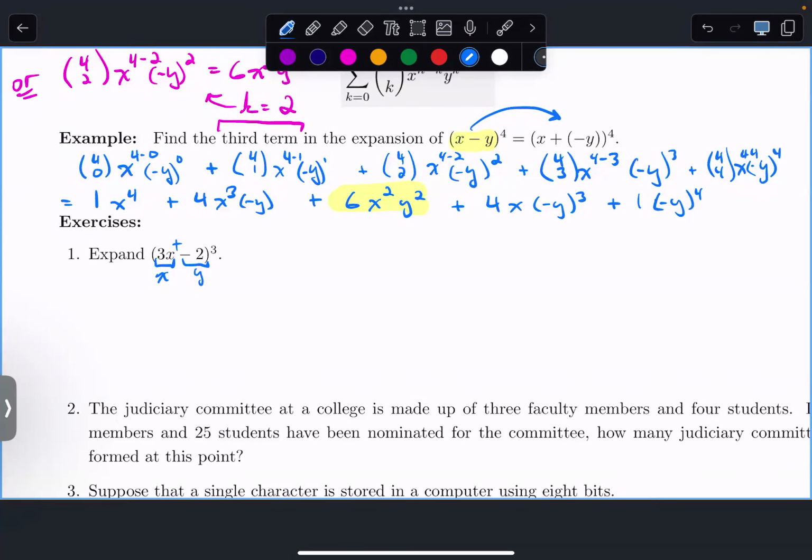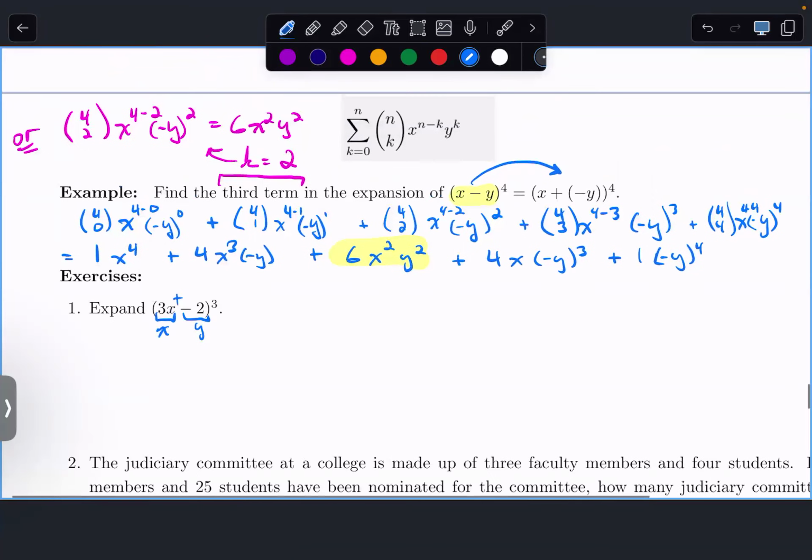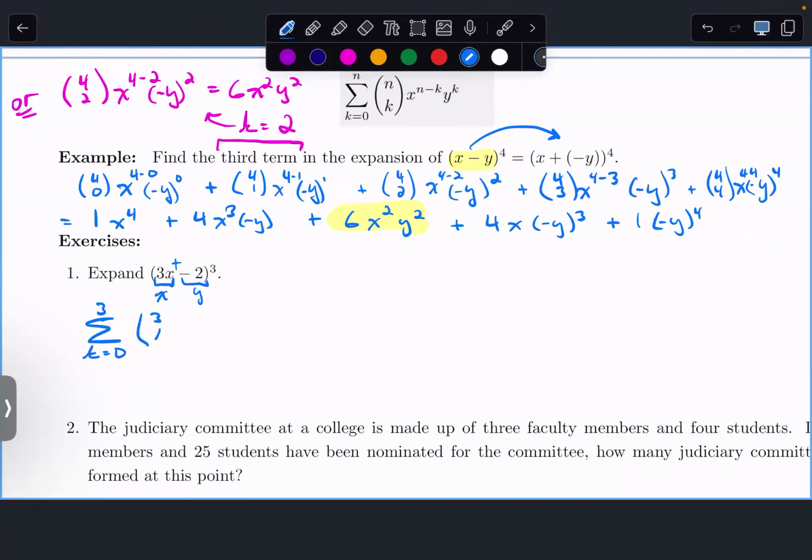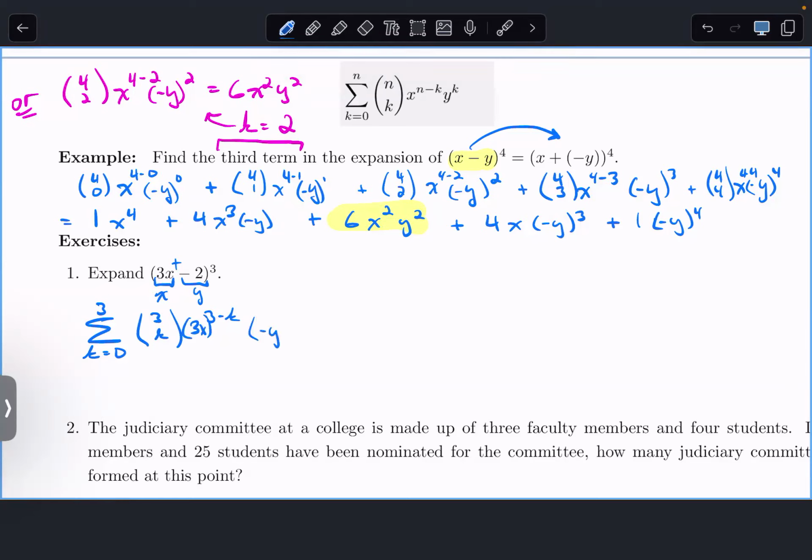I have to expand from k equals 0 to n. n is 3, so what I'm looking for here is the sum from k equals 0 to 3 of 3 choose k, x to the 3 minus k, but the x is going to be replaced by 3x, and the y is going to be replaced by negative y to the k.